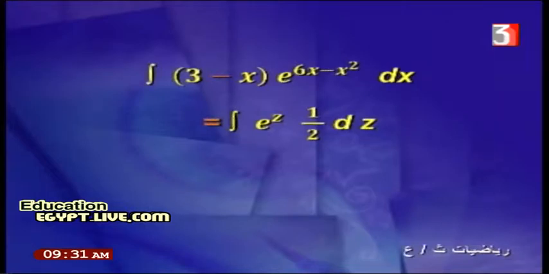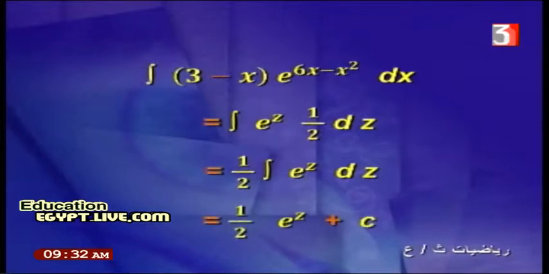Now the integration with respect to z, the integration of e power z multiply half dz, or half the integration of e power z dz. The integration of e power z dz equals e power z. Then the integration equals half e power z plus the constant c.